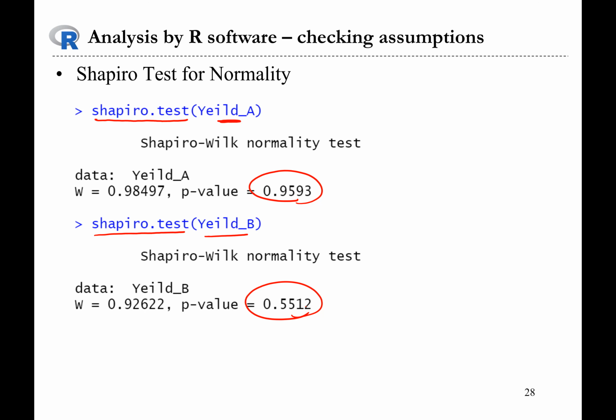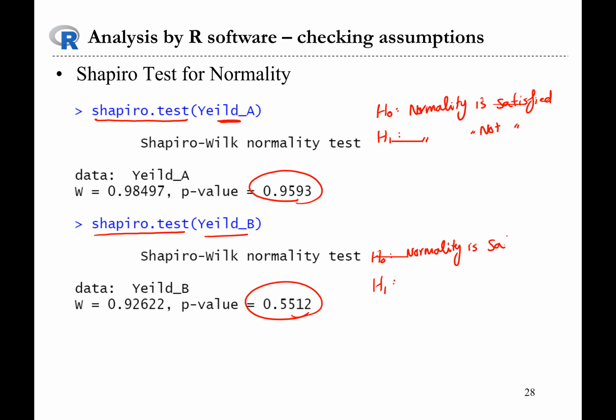Why? You need to be familiar with H0 and H1 for the Shapiro test. H0 is always normality is satisfied. HA is always normality is not satisfied.